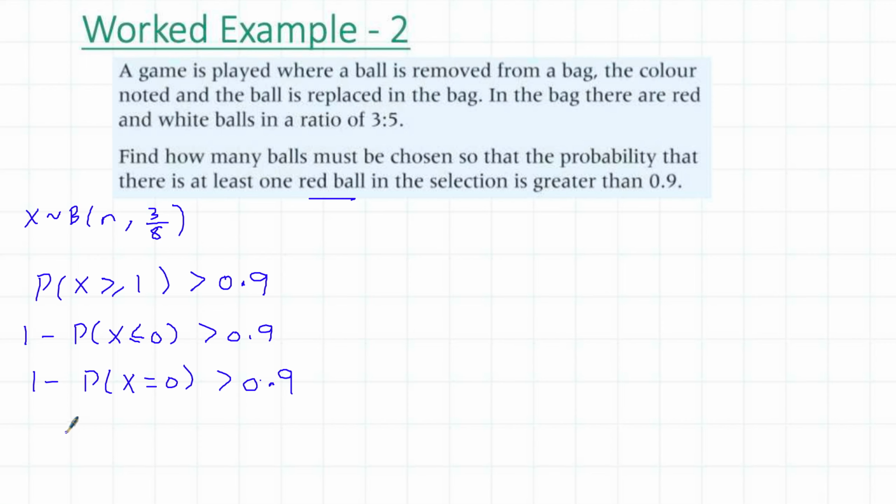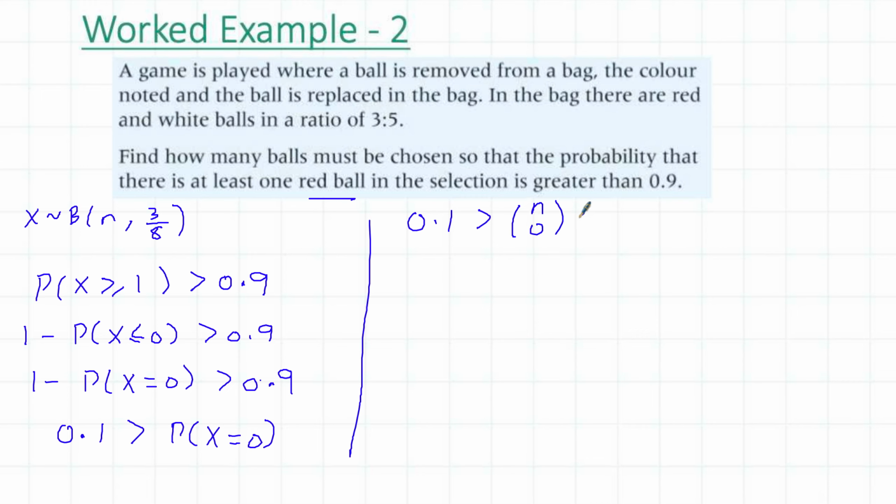I get 1 minus 0.9, which is 0.1, and the probability of X being equal to 0. Well, I'm stuck here. I don't know anything about n, but I know the formula that it would apply to. So it's n choose 0 of 3/8 to the 0 times 5/8 to the n.